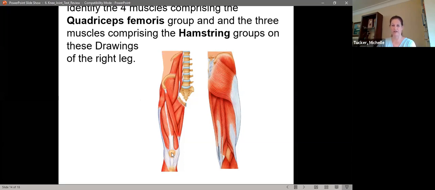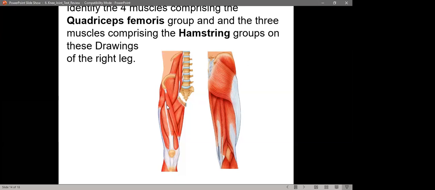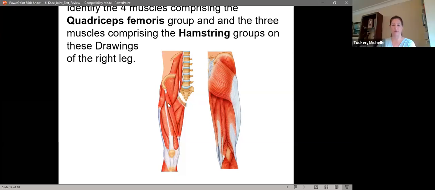And on top, we have king of the femur, known as the rectus femoris. And then deep to rectus femoris is, can you remember?